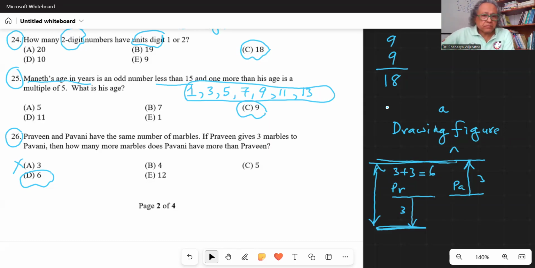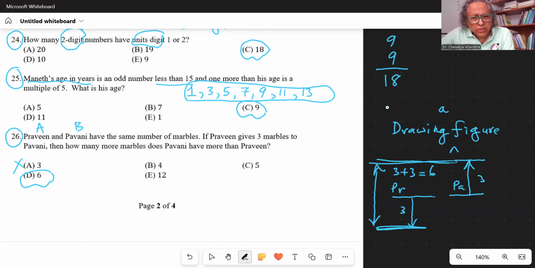Now, you might also do this in a different way. Let's say the number of marbles Praveen has, we don't know what the number is. Let's say Praveen has A marbles and Pavani has B marbles.